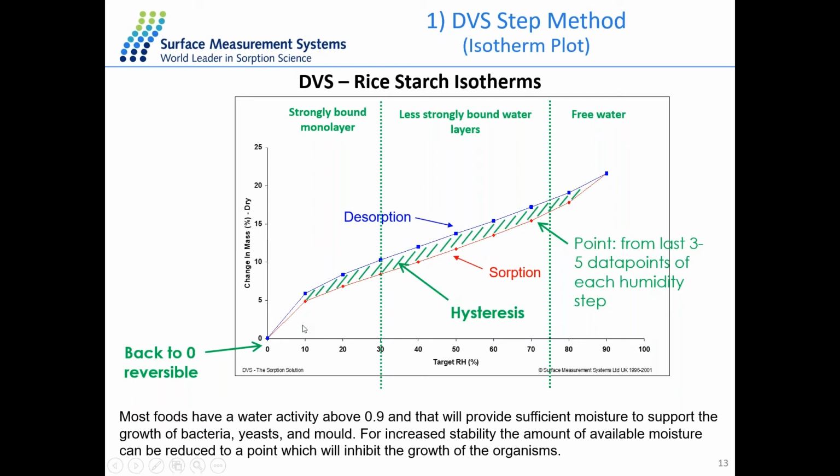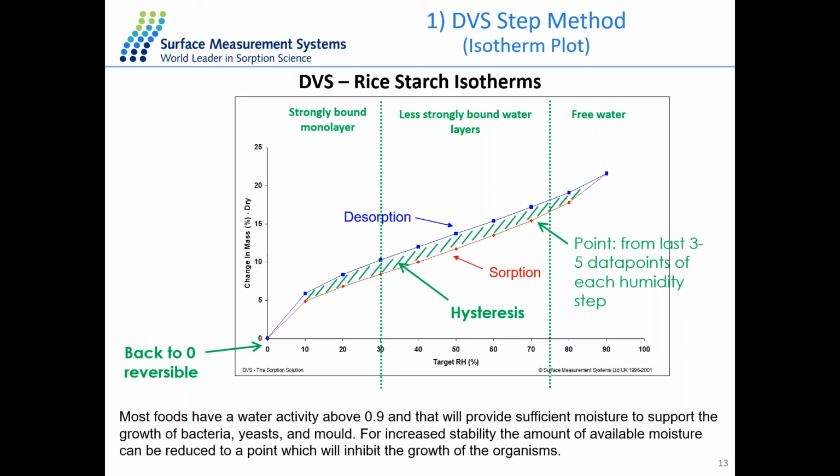Some information we can get from this water isotherm: for example, at 90% RH, this sample can pick up around 20% change in mass, which means the sample has a very good affinity with water. And those water molecules are not only on the surface of the material, but also penetrate the surface and go into the bulk of the material.